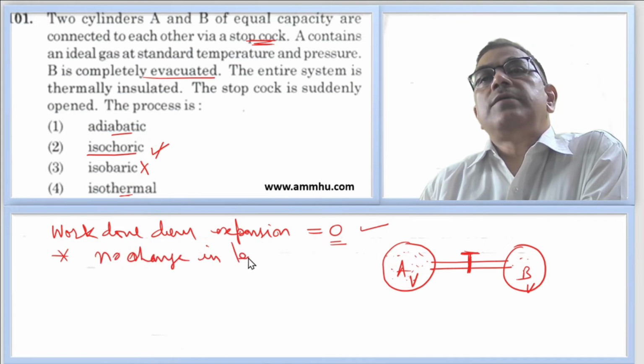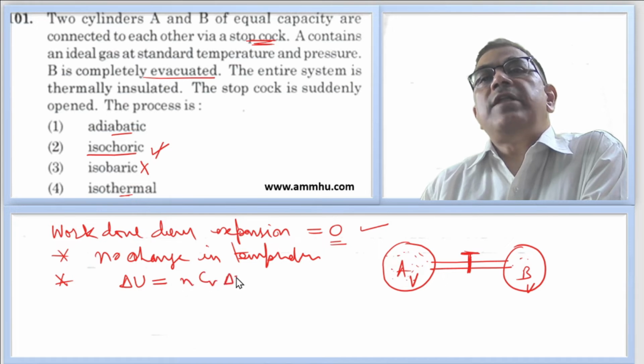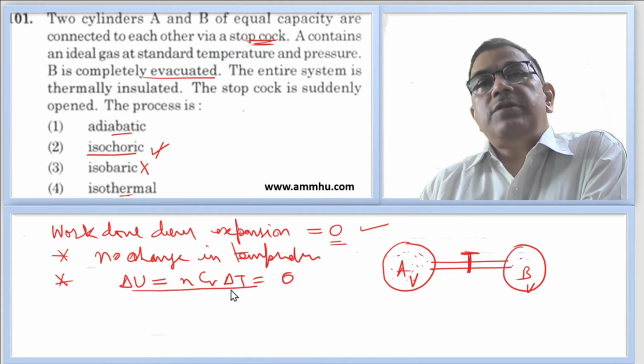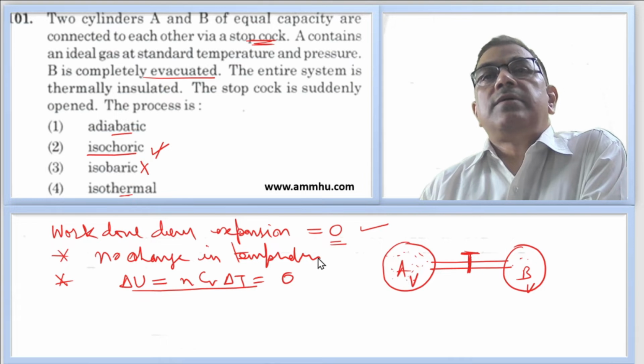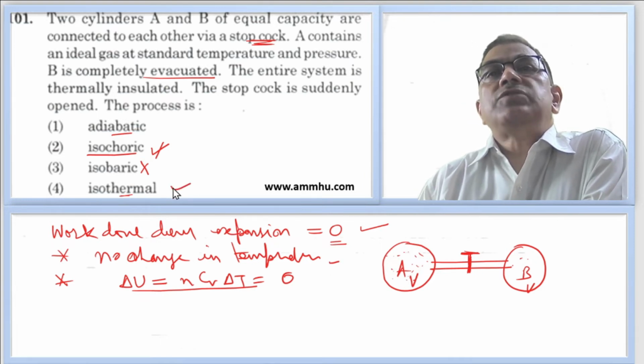Now because there is no change in temperature, delta U, the change in internal energy, which is Cv delta T, is equal to zero. Is that right? Now see, because the change in internal energy is zero, there is no change in temperature, so the process has to be isothermal.